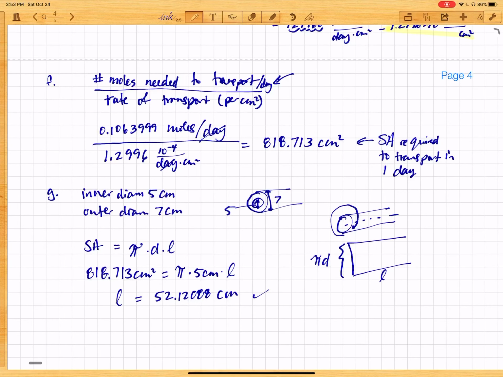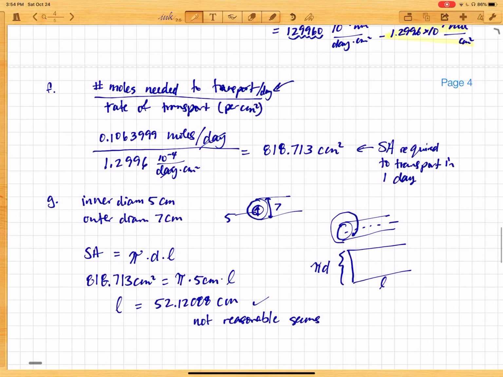That's pretty short. It's half a meter. It's not reasonable for a 15-meter snake to have a half-meter gut. Seems too short.